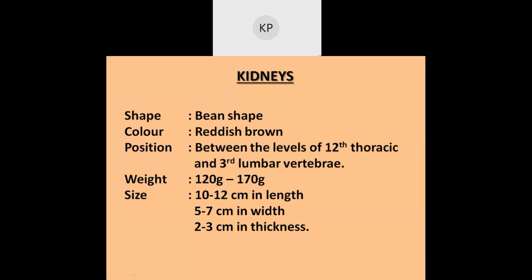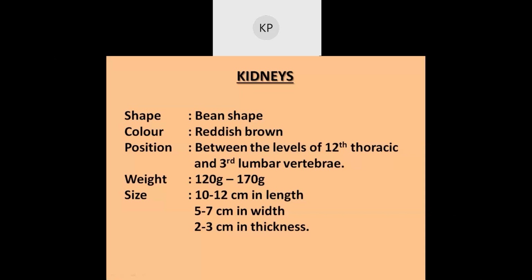Now, kidneys. Kidneys are reddish brown and bean-shaped structures. They are a pair of excretory organs situated on the posterior abdominal wall above the waist, or precisely between the levels of 12th thoracic and the 3rd lumbar vertebrae, and close to the dorsal inner wall of the abdominal cavity.